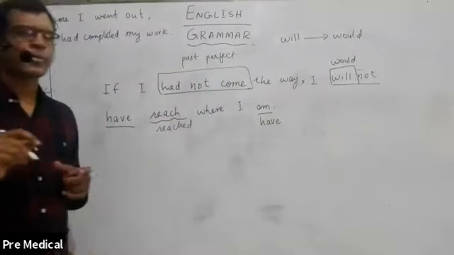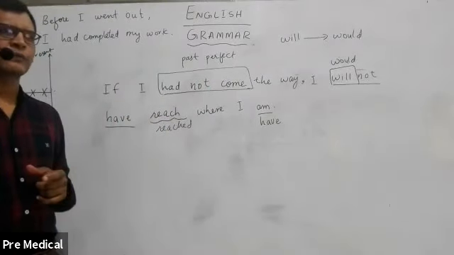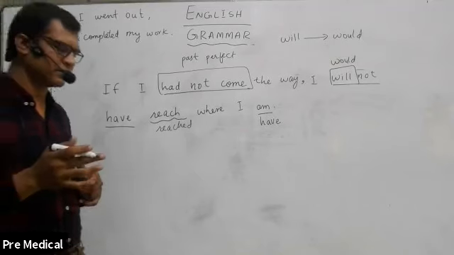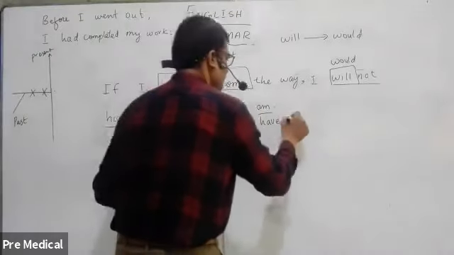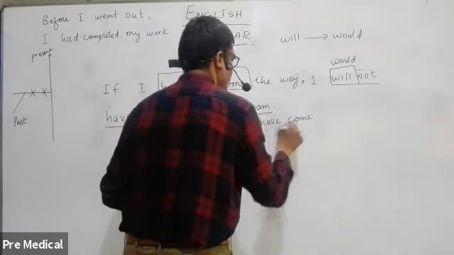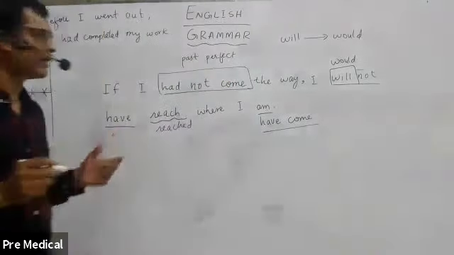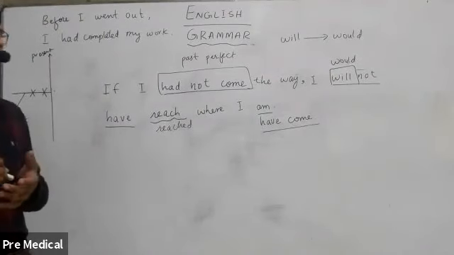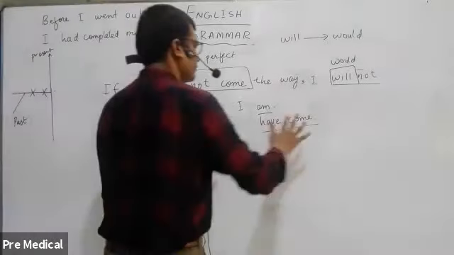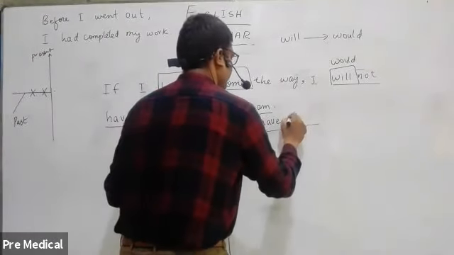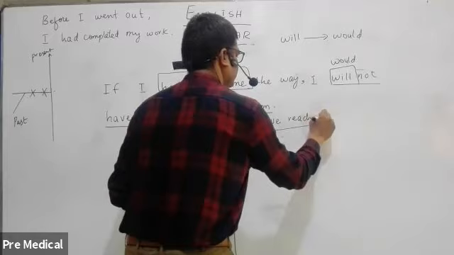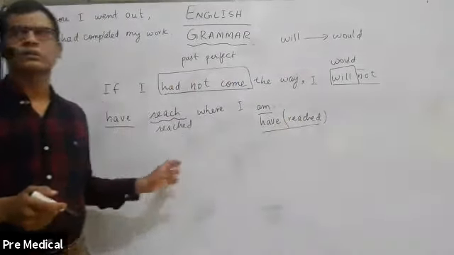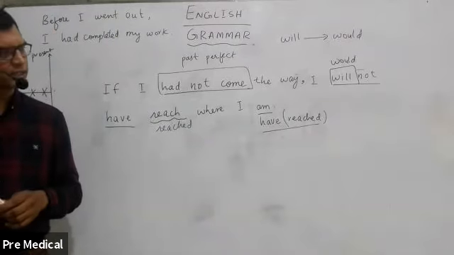This have is showing a half of the tense basically. It is something like this: if I had not come the way, I would not have reached where I have reached. But because we don't want to repeat the same verb, we won't be using it. We'll just stop at have.